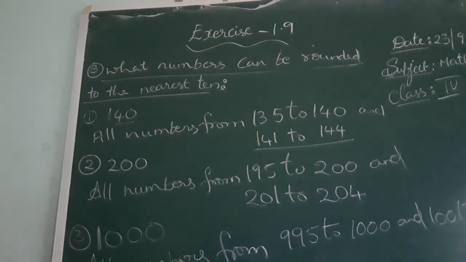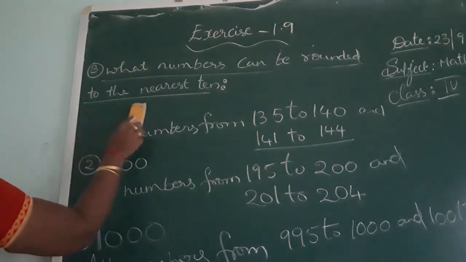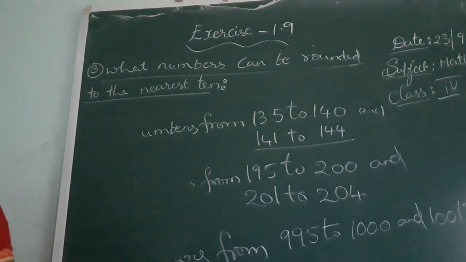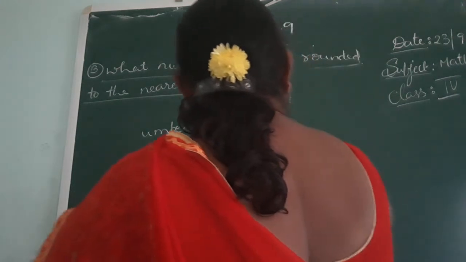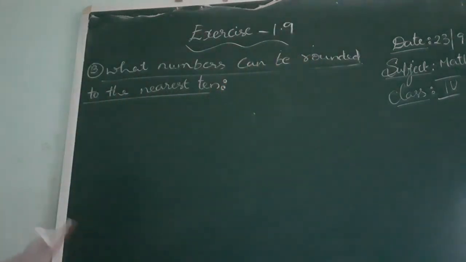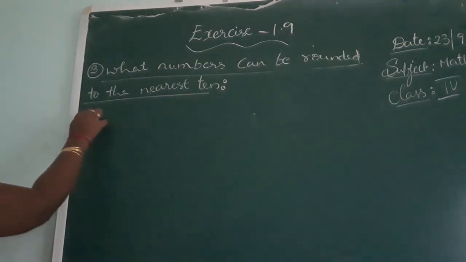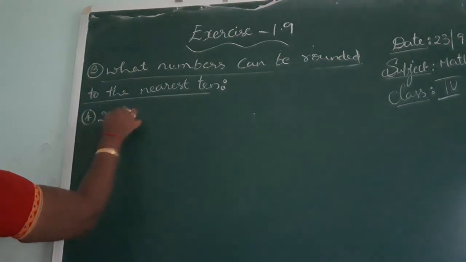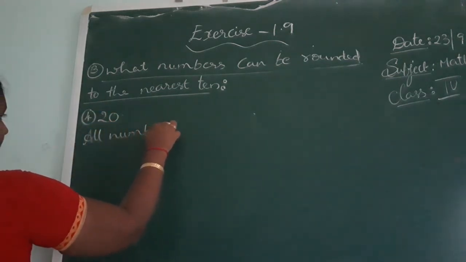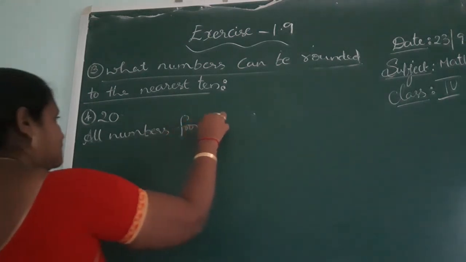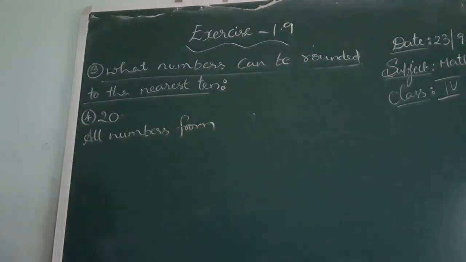See the next sum, children. Fourth one, 20. All numbers from 20 before 10.